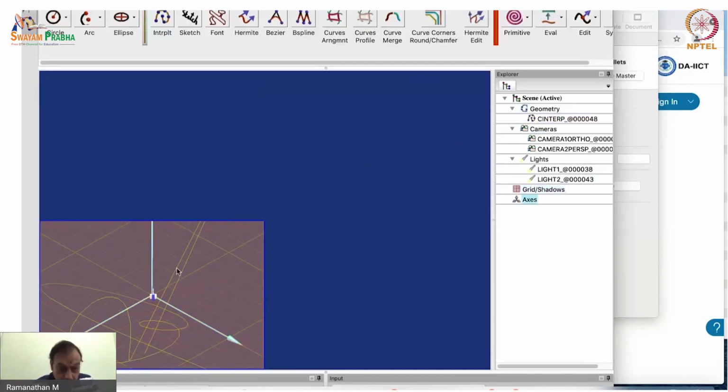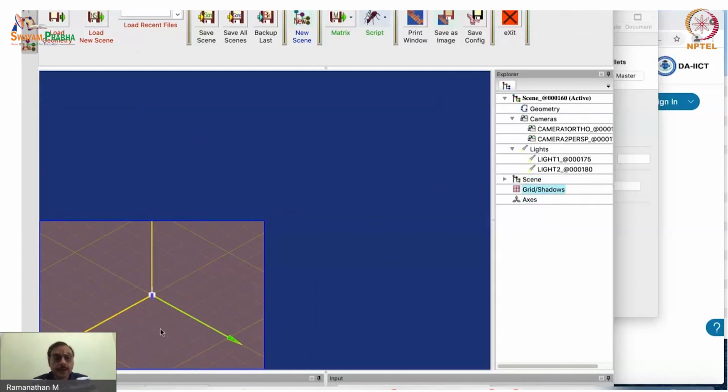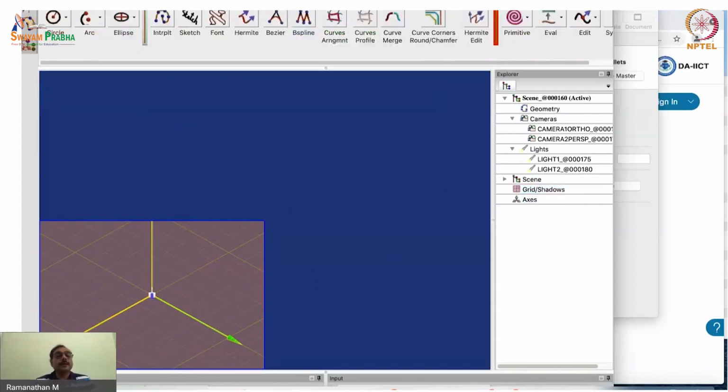Let me try to go to the other system and then demonstrate a little bit. Okay, never mind. All the left hand side, I'm not seeing anything. That is a major problem because it is supposed to load a lot of things. Anyway, there is a new scene that I have created. And then if I go to curves again, I can see all this. Hopefully I'll be able to come back to this.